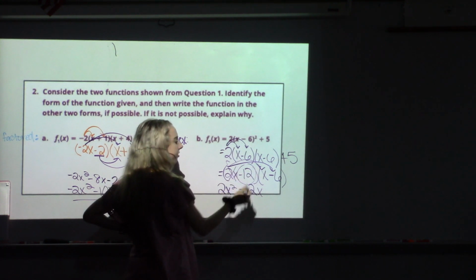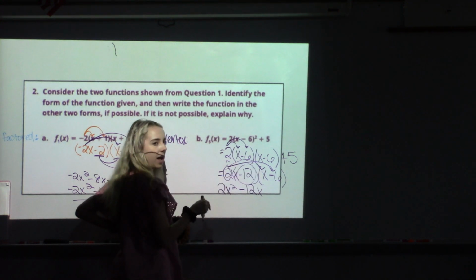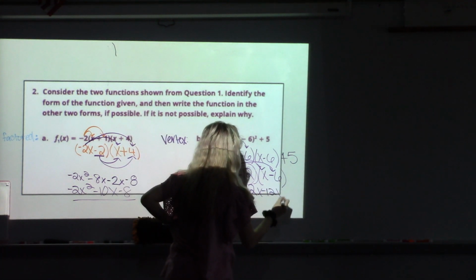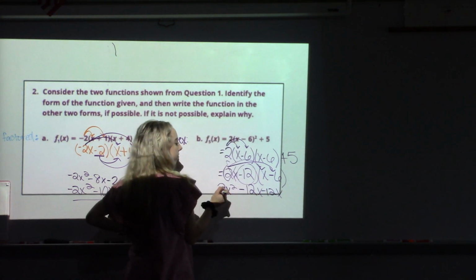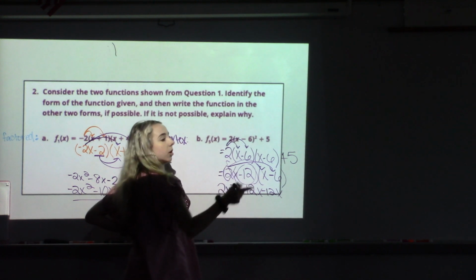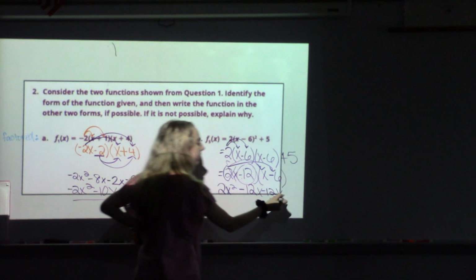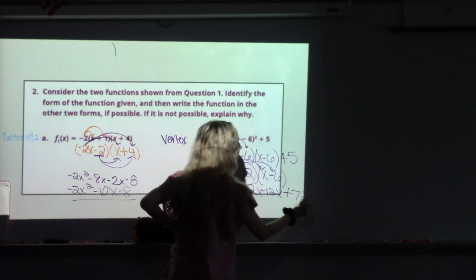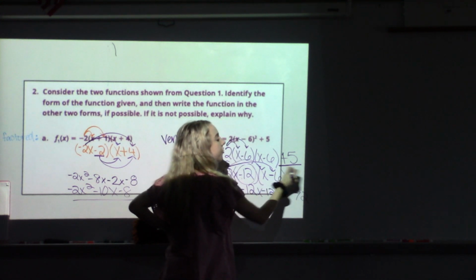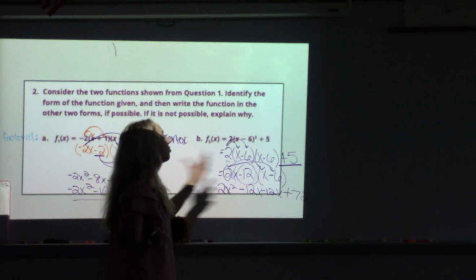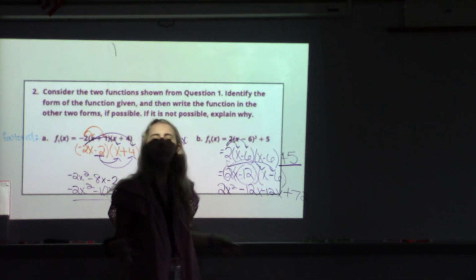Now we have to multiply this negative 12 times everything in that set of parentheses. Negative 12x, and now a negative 12 times a negative 6 is plus 72. Minus 24. And guys, don't forget to bring down that 5 at the end. And also don't forget to write it, don't leave it out to begin with.